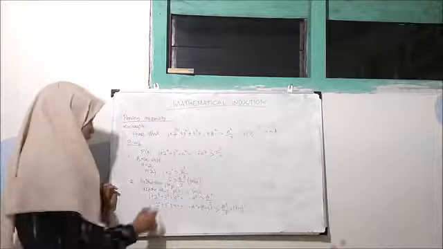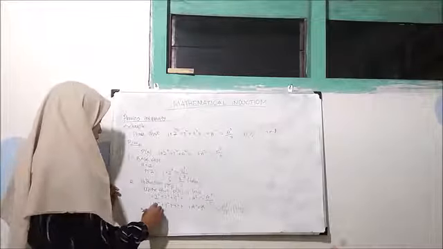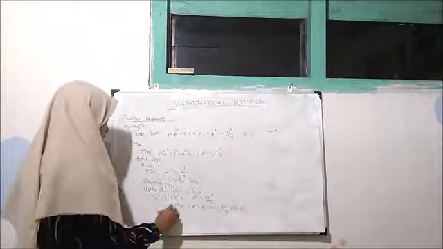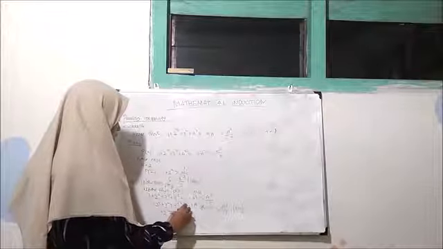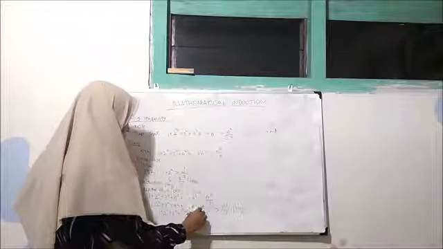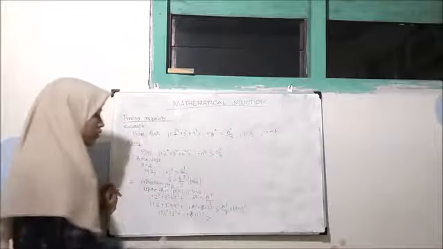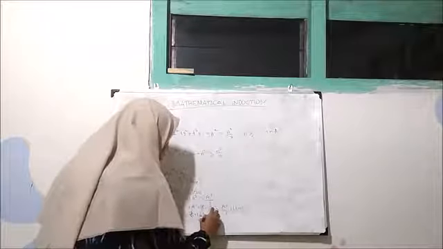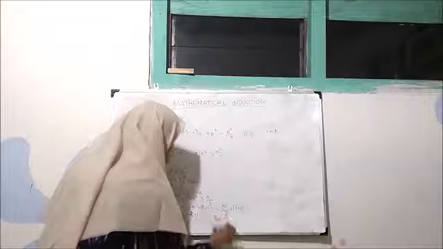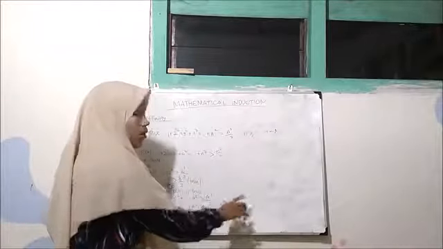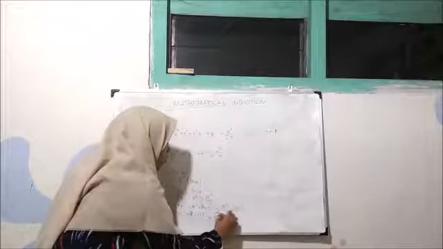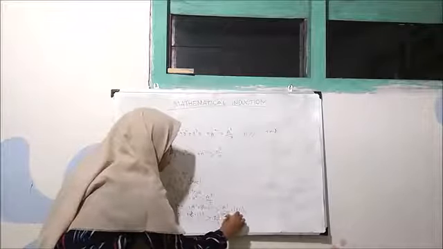The left hand side becomes 1 plus 2 square plus 3 square and so on until k plus 1 square, is greater than k cube over 3 plus k plus 1 square, which is k square plus 2k plus 1.